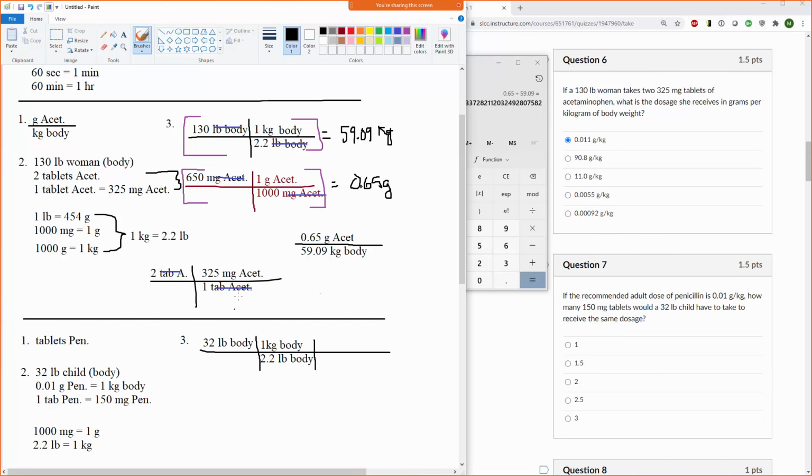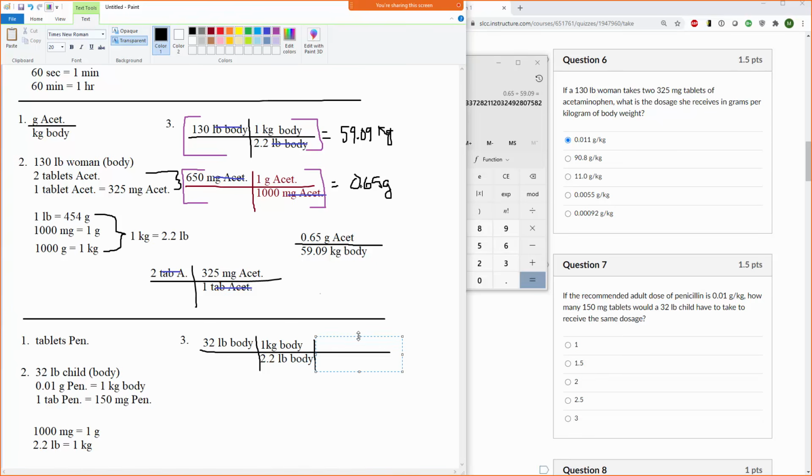David notes that he started with the adult dose. He started with the 0.01 grams per kilogram at the beginning, which is also totally fine. Sarah is going to do 2 different conversions again and put it together like she did in the first place. But I'm going to keep going just like David might have started with this one. He would put 0.01 grams of penicillin in every 1 kilogram of body.